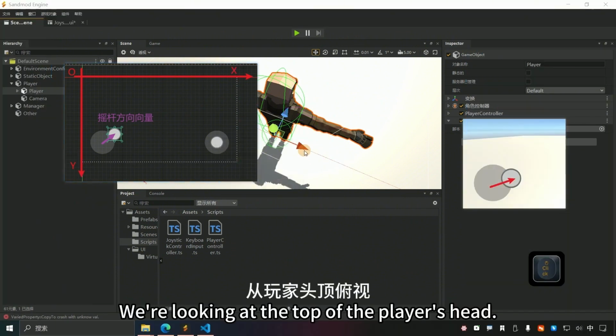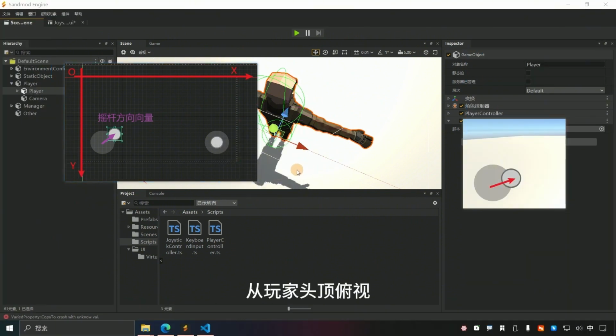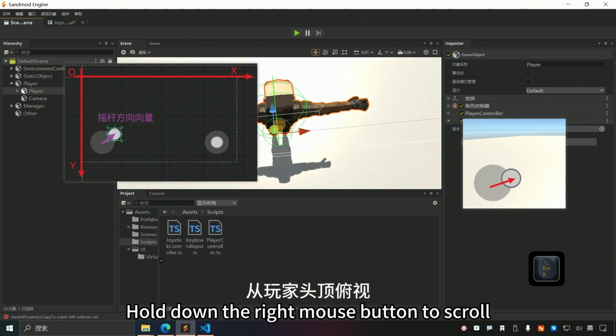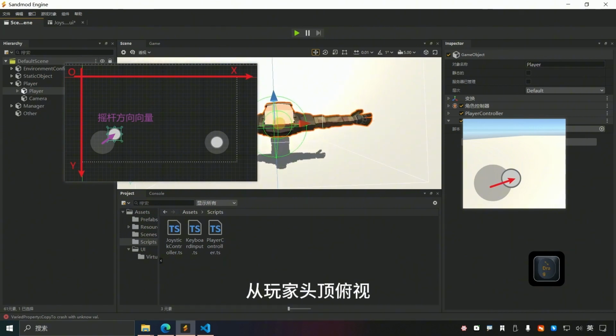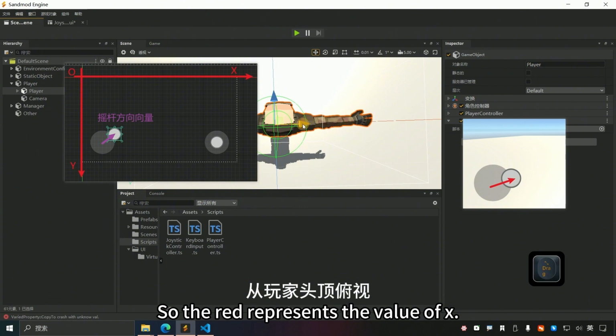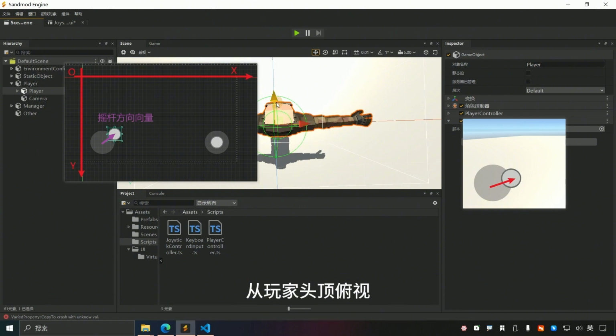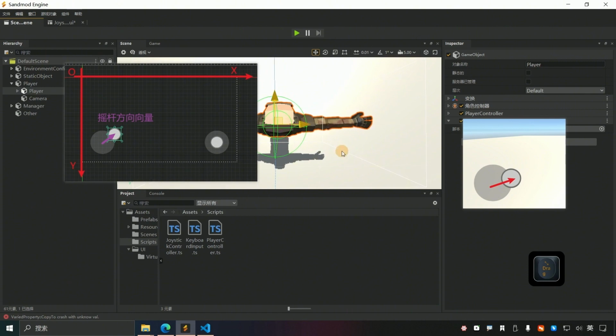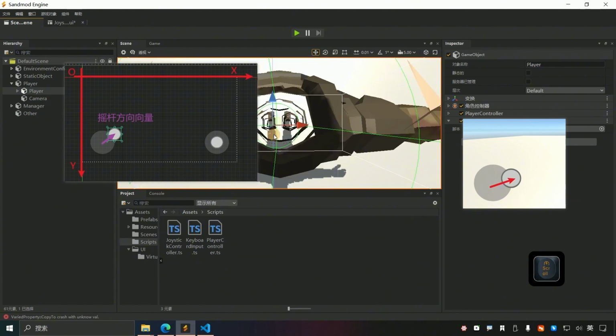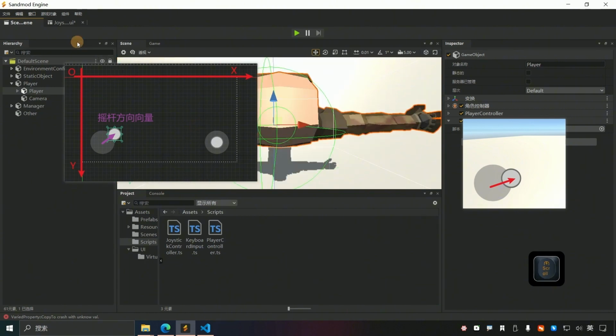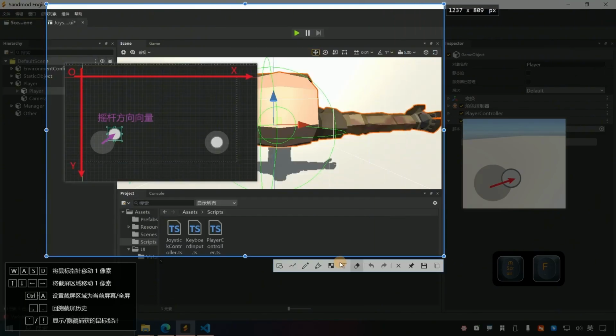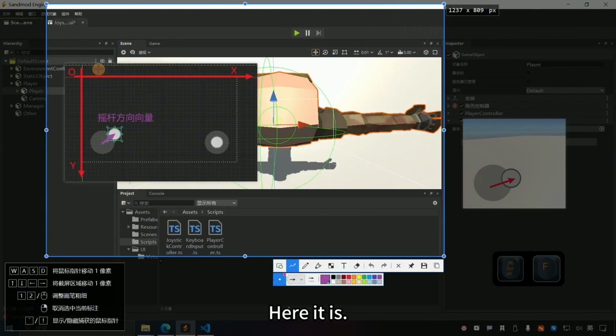We're looking at the top of the player's head. Hold down the right mouse button to scroll. So the red represents the value of x and the blue represents the z value. Here it is.